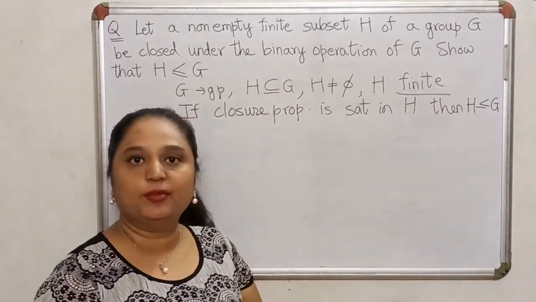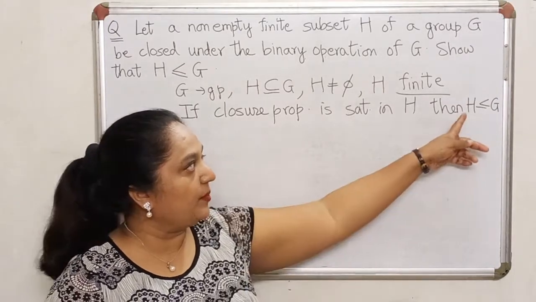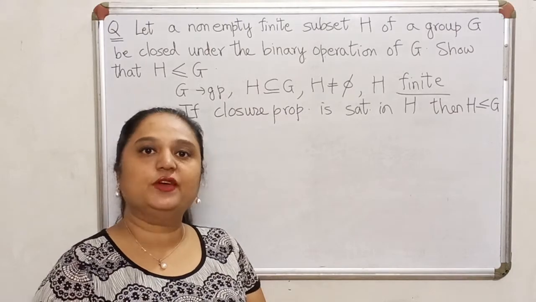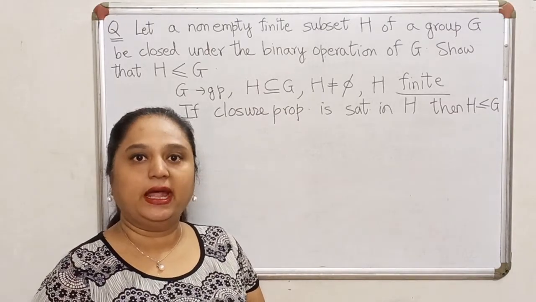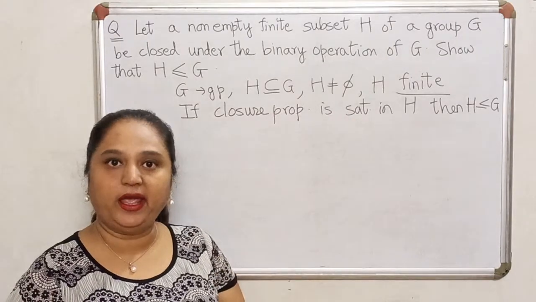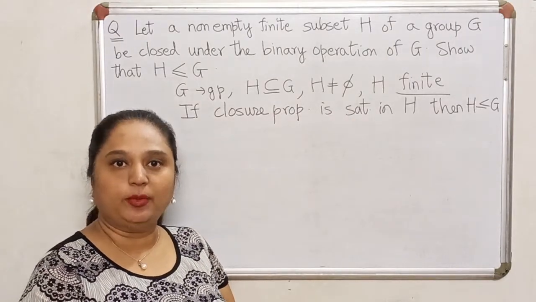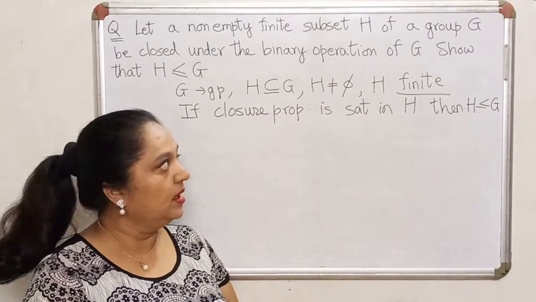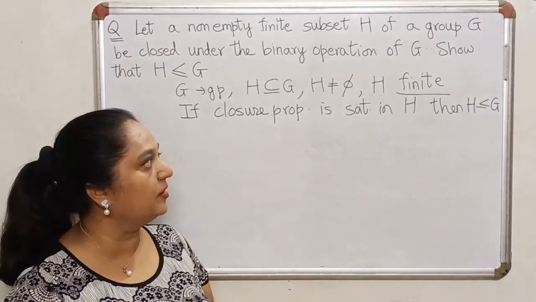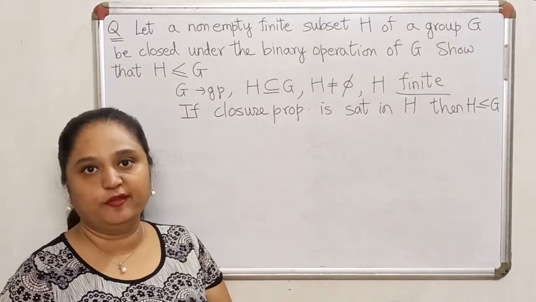Suppose H is a subgroup of G. If H happens to be a subgroup of G, by definition H will be a group on its own and therefore automatically closure property will be satisfied in H. So though in the problem it was not asked, the converse still works and therefore this result works in the form if and only if.